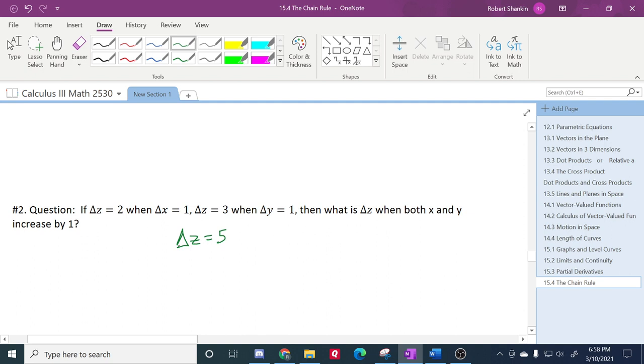We were looking at a sum of changes, not a product. So x and y are both independent variables, while z is the dependent variable. So you're seeing it not as a chain reaction like before. And so since it's not a chain reaction, you think they're going to add together instead of multiply. Yes. And group 1, do you agree with that?